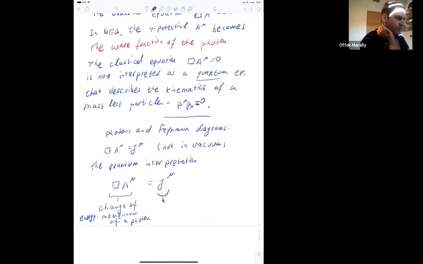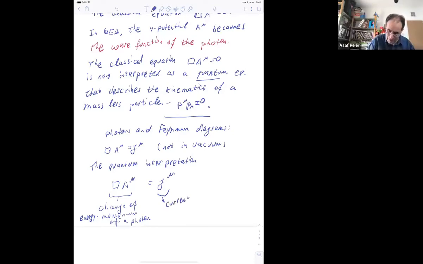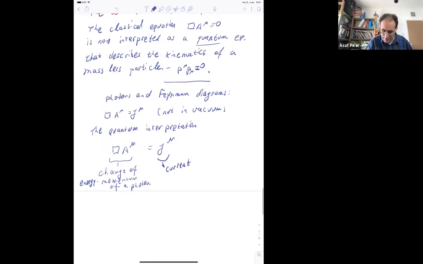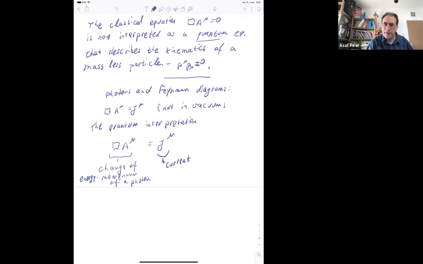So what is a current? It's a moving electric charge, so this is electric current that emerges from the motion of charged particles, electrons and positrons. So how do we describe that? We visualize that by the Feynman diagrams.